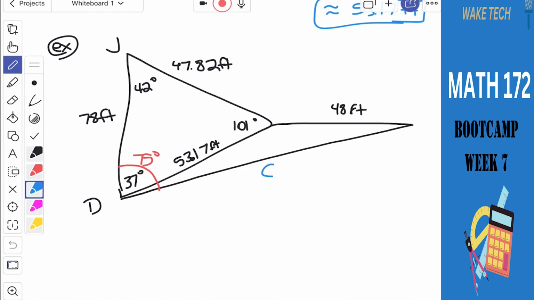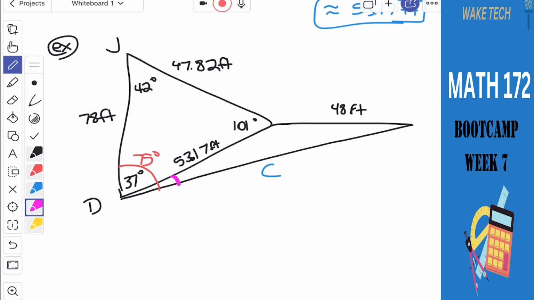I'll label that as side C. What we can do here, the first thing is we can label this, let's do it in pink. We can label the pink angle here.